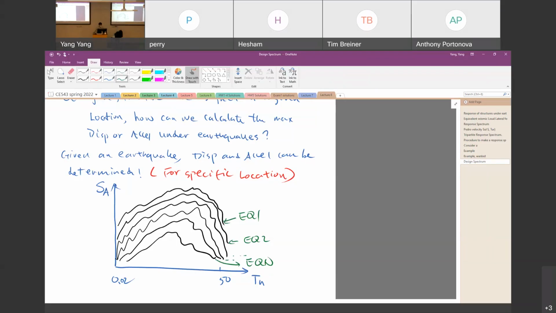So what is the design spectrum? Right. The design spectrum is smooth.